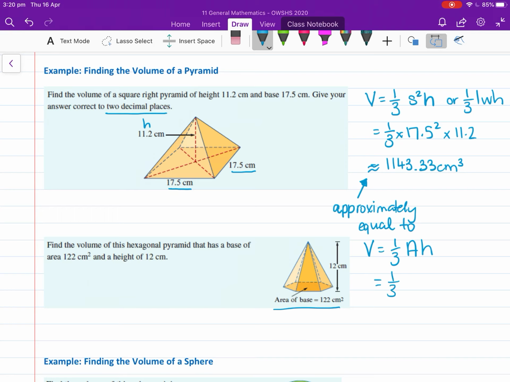So we go 1/3 times, now we can just simply put in 122 times the height, which is 12, and again 1 divided by 3 times 122 times 12 gives us 488 centimetres cubed. All right, so that one's quite a simple one. So just to summarise for our cones and our pyramids, working out the volume, we go 1/3 times the area of the base times the height.